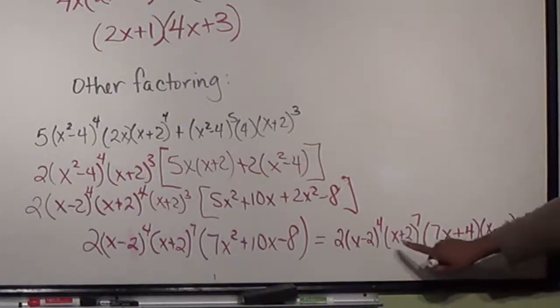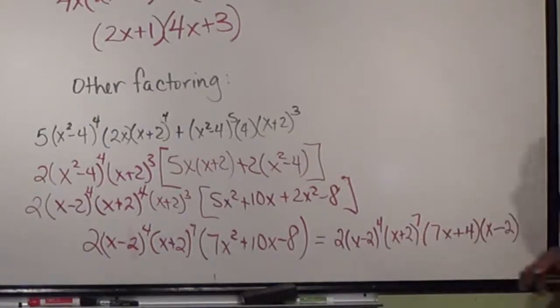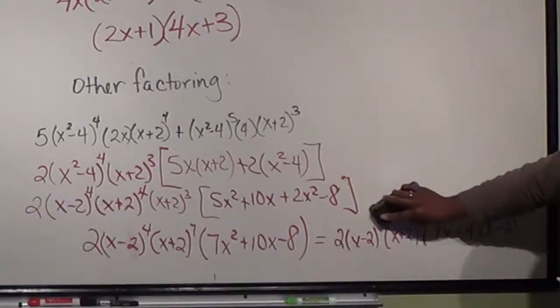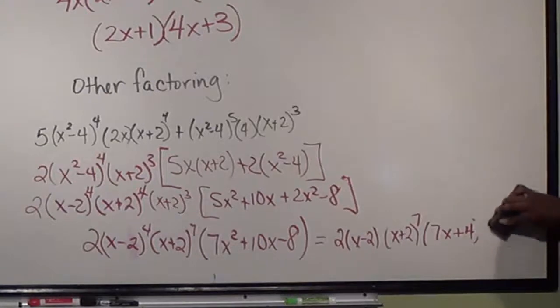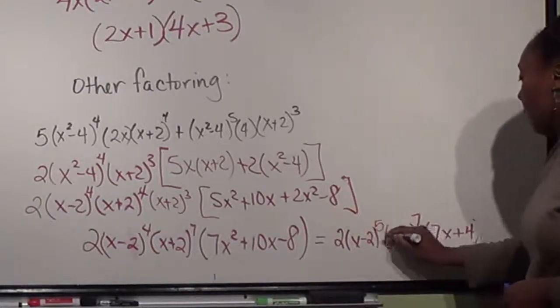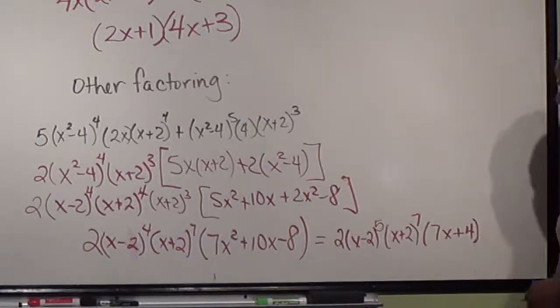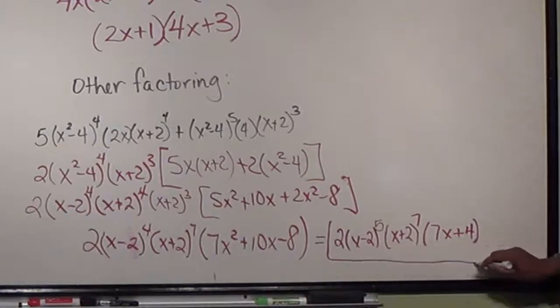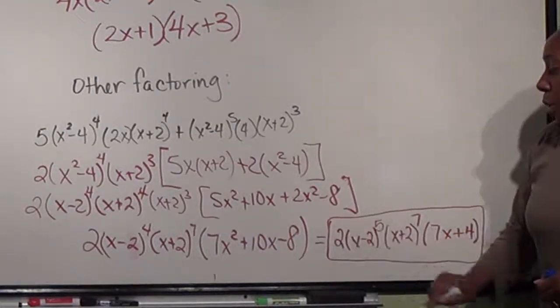Okay, and you'll notice there's a common base there. Instead of rewriting one more time, we're going to combine those x minus 2's to make that a 5th power there, and then 7x plus 4. And so this would be what we'd consider our simplified expression.